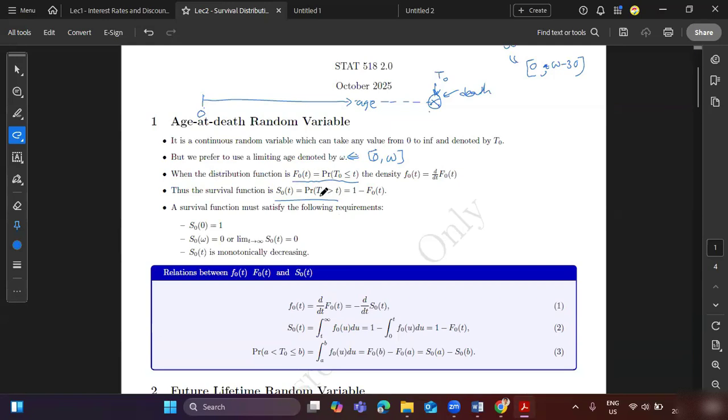This is directly accessible through the complement rule, because the maximum value we can get for a probability is 1. So 1 minus the event gives the complement of that event's probability. Here it's 1 minus the cumulative distribution function, which eventually gives you the survival probability from that distribution.